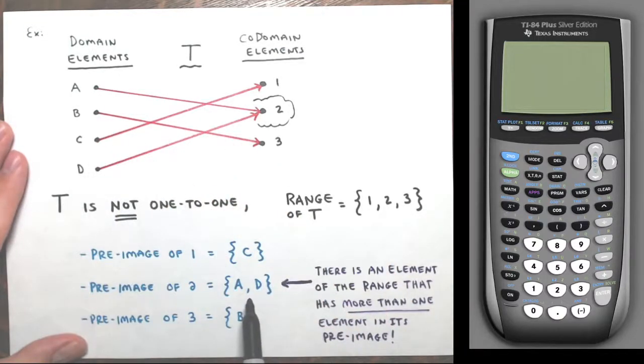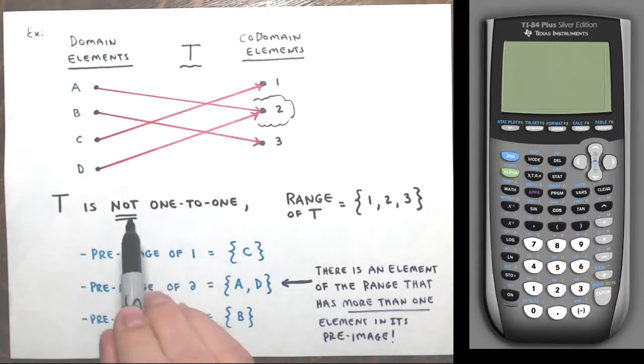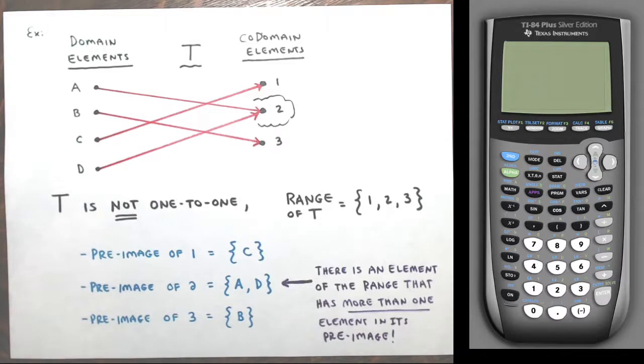As soon as you find one element of the range that has more than one element in its pre-image, more than one element that maps to it, your transformation is not 1 to 1, is not injective. Okay. So just some quick little pictures to demonstrate the concept.